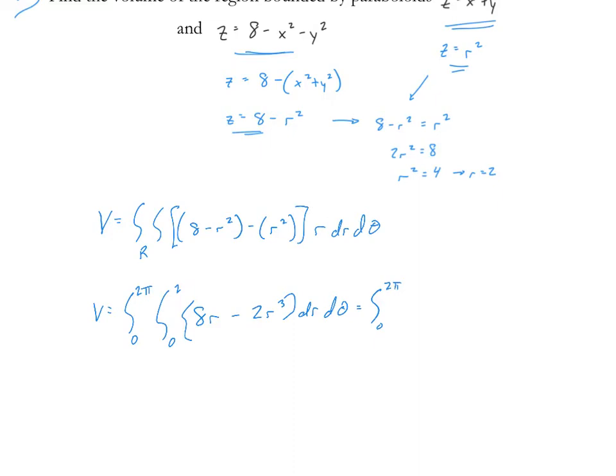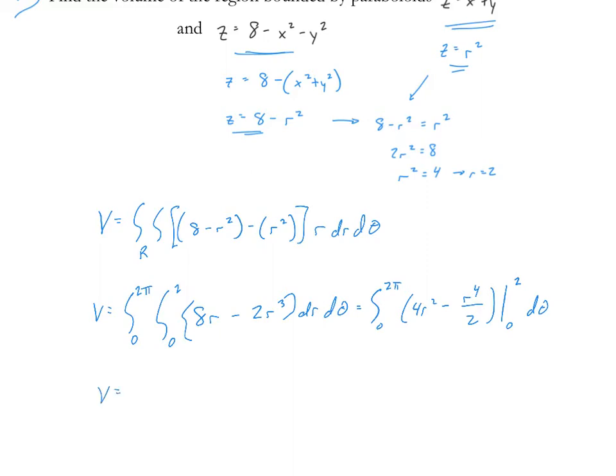Working on the inside first, integrating with respect to r, 8r over 2 gives us 4r squared, minus 2r to the fourth over 4, which gives us r to the fourth over 2 when you simplify. That gets evaluated over the bounds from 0 to 2, and then integrated in terms of theta.